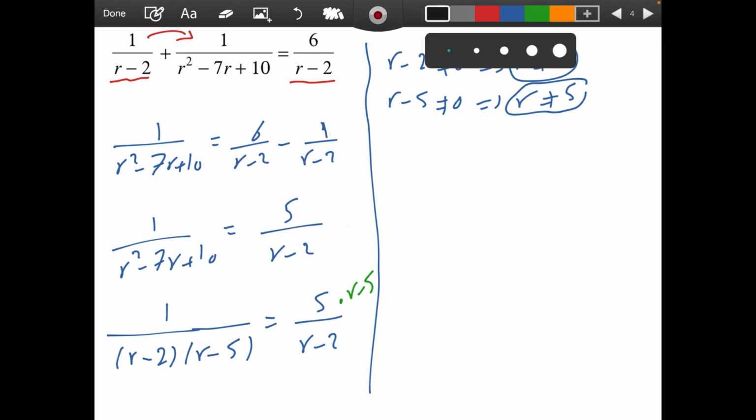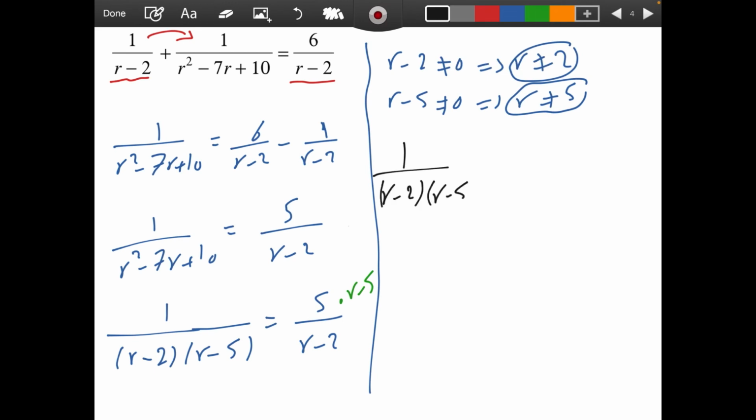So the equation is 1 over r minus 2, r minus 5 is equal to 5 multiplied by r minus 5, over r minus 2 multiplied by r minus 5.